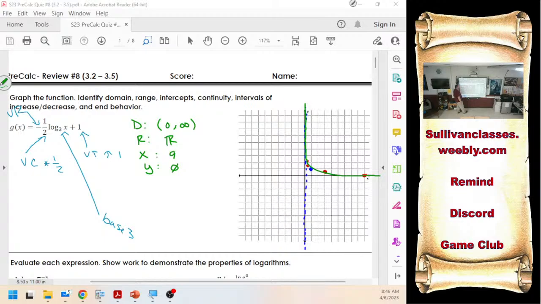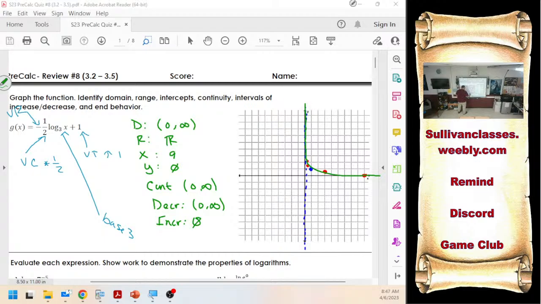Continuity: it's continuous from 0 to infinity. It is decreasing the entire time and never increasing.